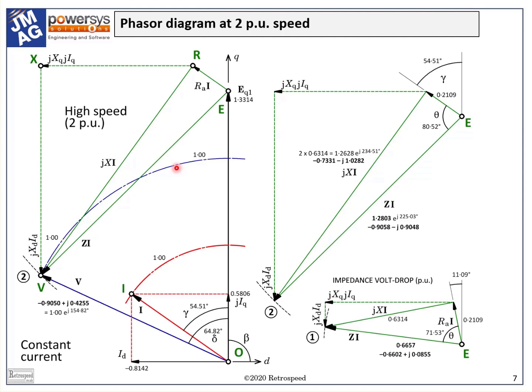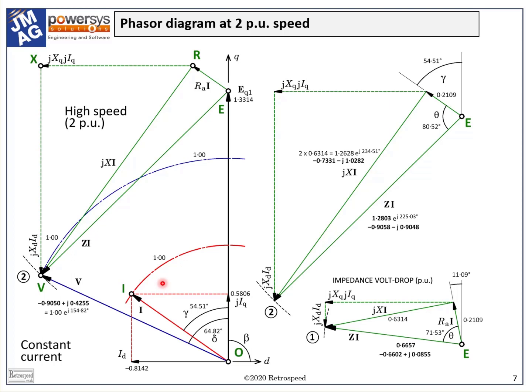That is done by advancing the phase of the current from gamma equals 11.09 degrees to gamma equals 54.51 degrees, because the orientation of this triangle is determined by the gamma angle. We are assuming, of course, that the inverter can perform that phase advance. It's a current-regulated inverter, so it should be possible.